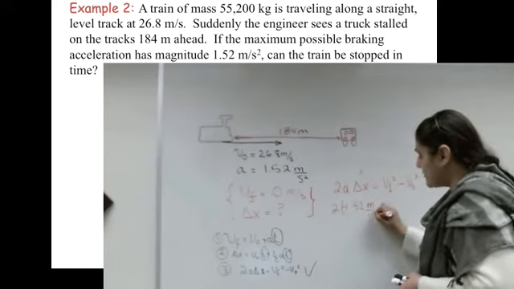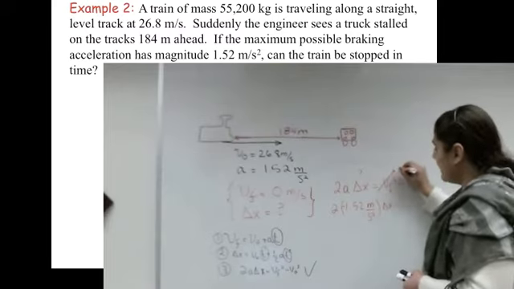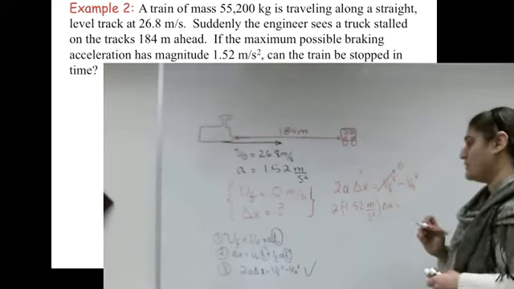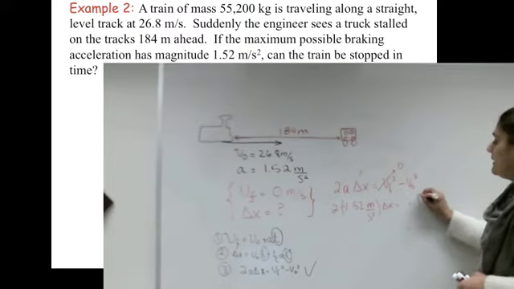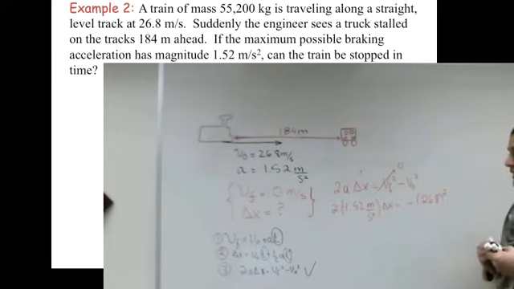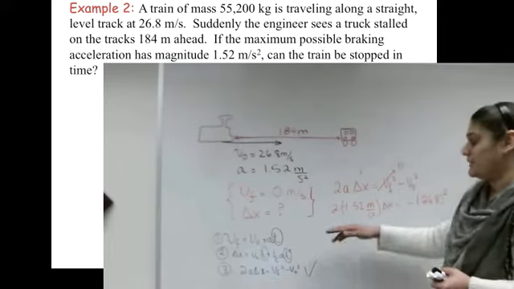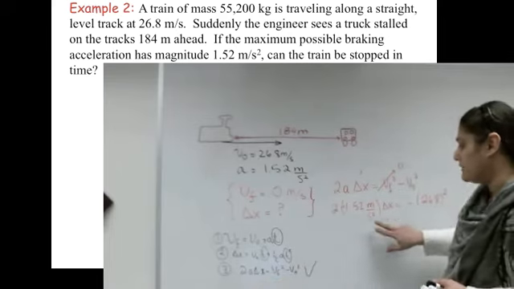Meters per second squared. Delta x is what I'm looking for. Vf, I need it to be 0. And my initial velocity is 26.8 squared. Okay? So all I did was I chose correctly the equation I wanted. I plugged my numbers in.